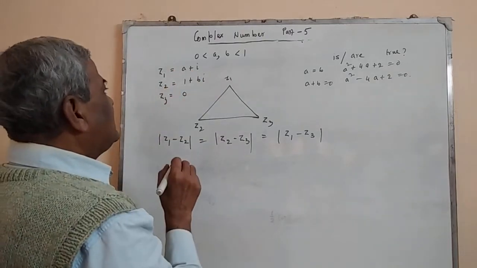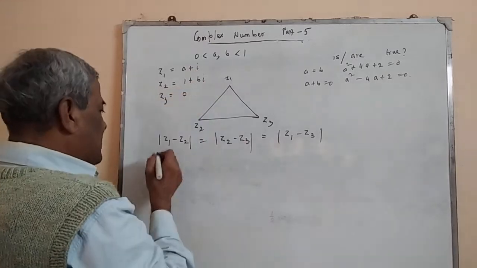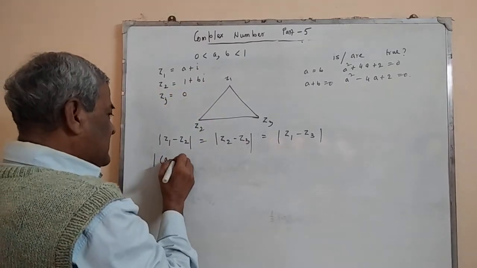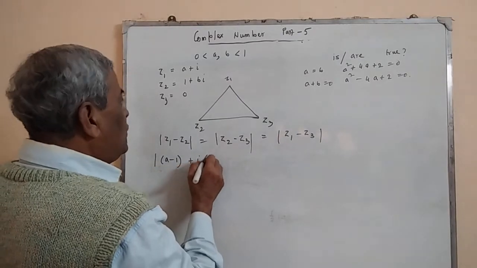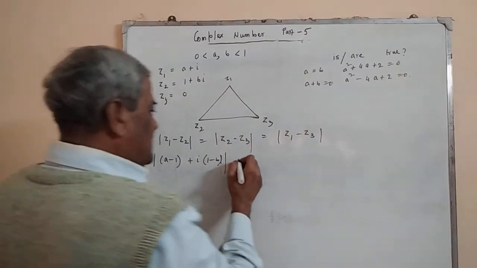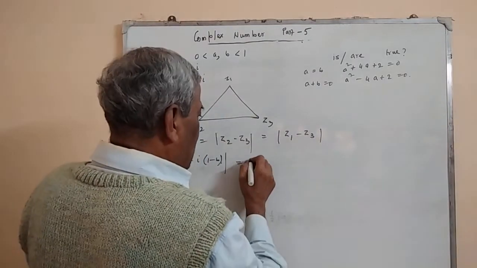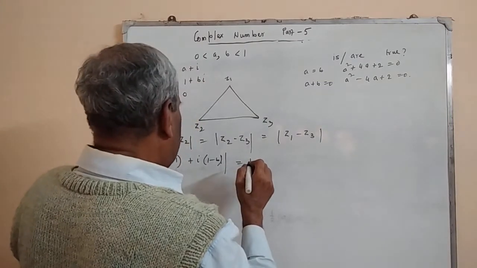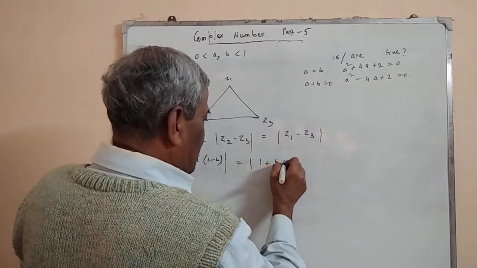Now we write the values of this and that one by one. Z1 minus Z2 is equal to A minus 1 plus i into 1 minus B, modulus. Z2 minus Z3 is the modulus of 1 plus Bi.